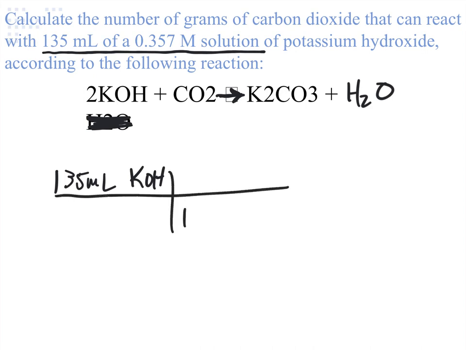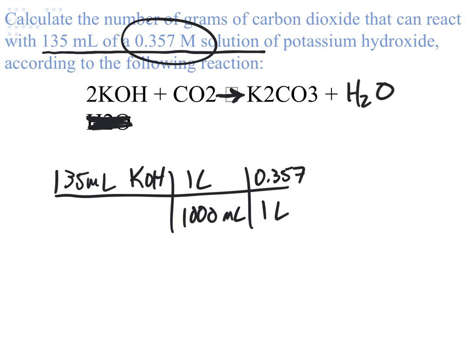I'm going to convert the milliliters to liters because concentration is actually in liters and not milliliters. And if I do that, I can then use my concentration that was given. So it is moles per liter, so I'm going to write 0.357 moles of KOH per liter of KOH.